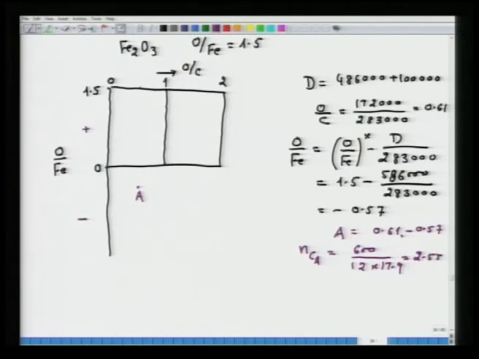So that means the line passing through the point A should have a slope equal to 2.55, because NCA is the slope of the line.